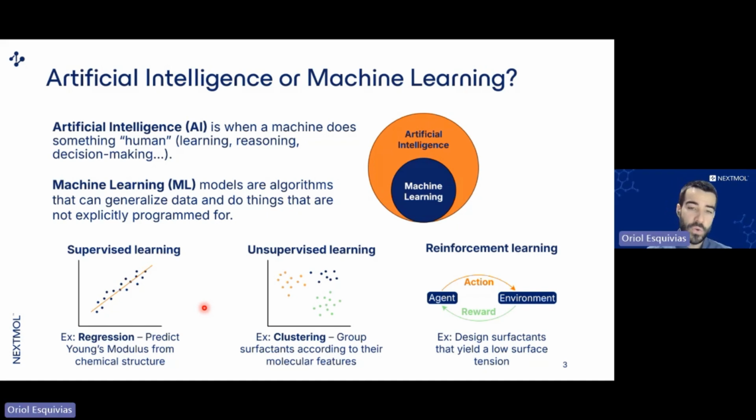And the third type, reinforcement learning, you can think of as a robot that interacts with the environment, and this action gives back a response that is a reward, and this agent will change its behavior according to the response.